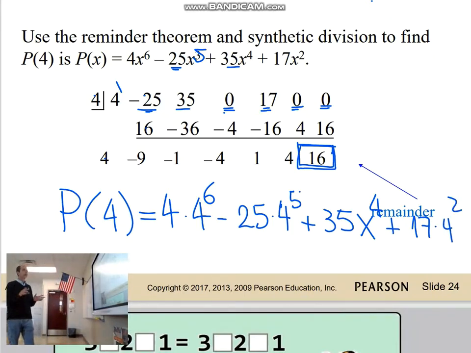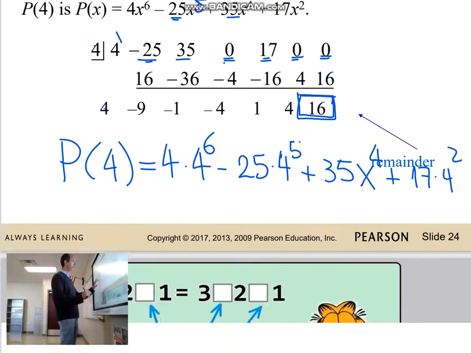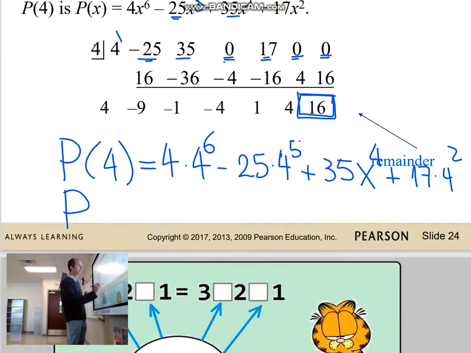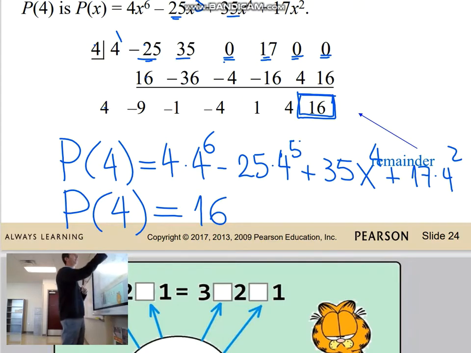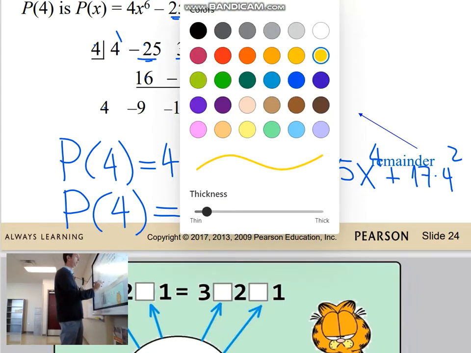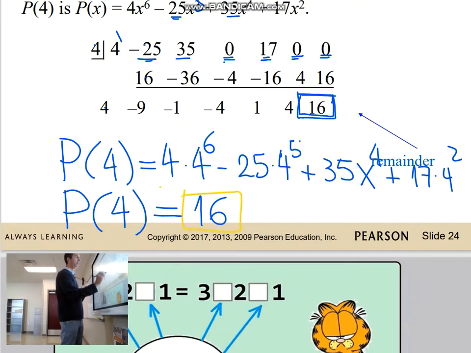Now we need a calculator, type this operation, and you need to make sure that you type all the numbers right, all the exponents right, and you find the result as P of 4 equals 16. Yes. That means the remainder theorem works.